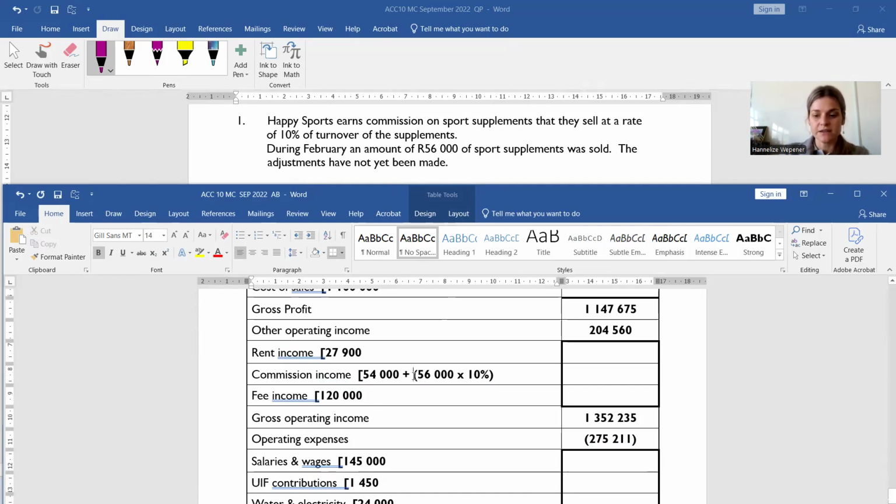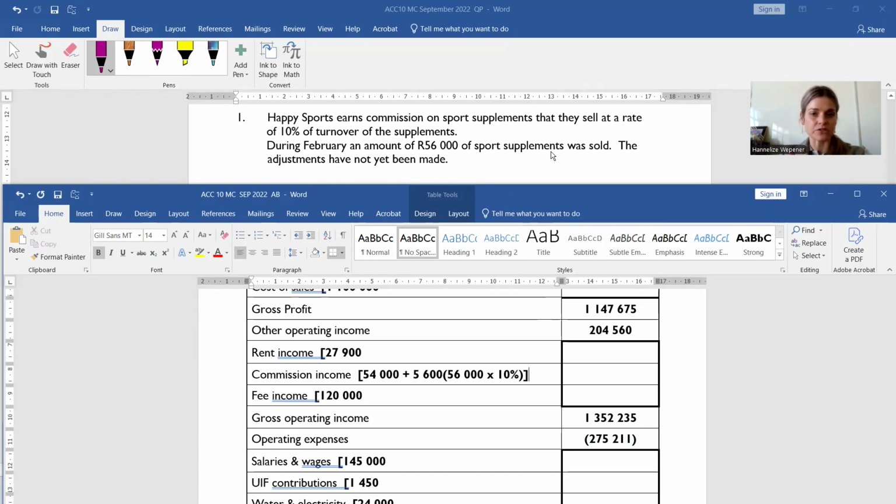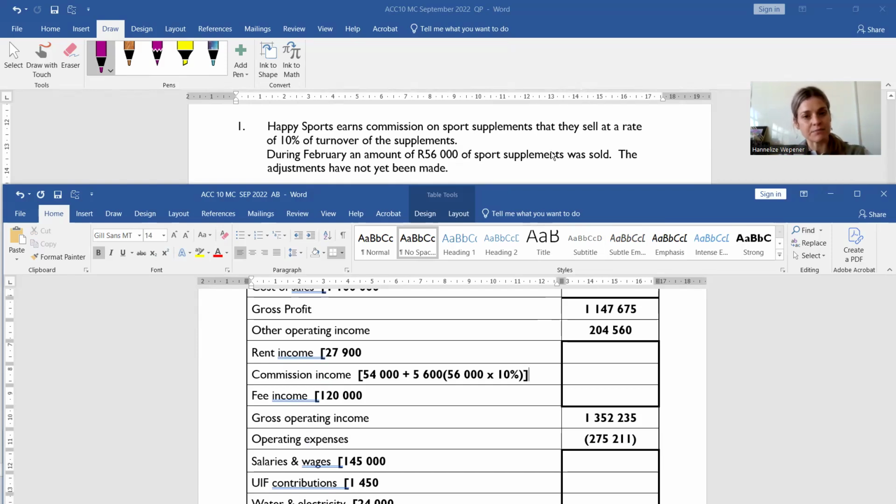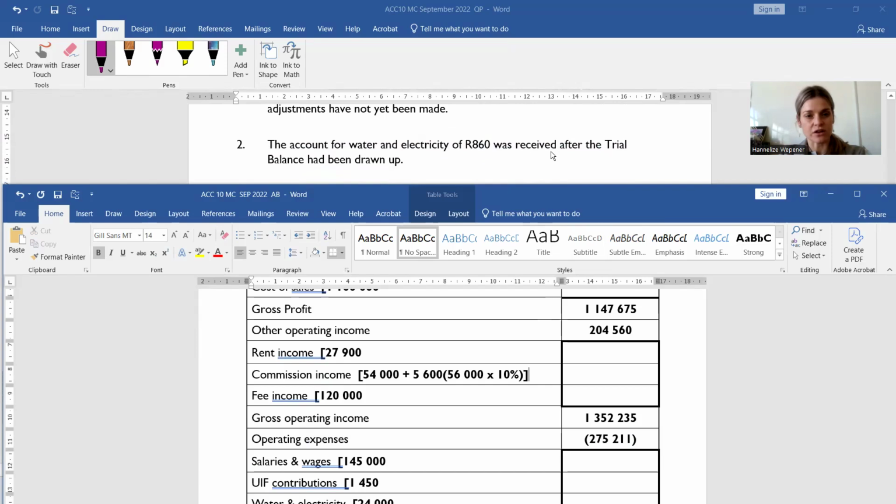So in other words, 5,600 is what you will earn there. If you had to do the SFP, you would have now had accrued income if you haven't yet received this income. If you have received it, then it would have gone to your bank in your cash and cash equivalents. So always try and link it back to what is the other step involved if it's not in the SOCI.